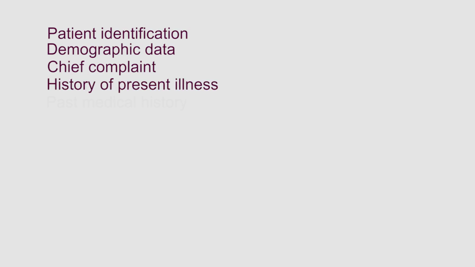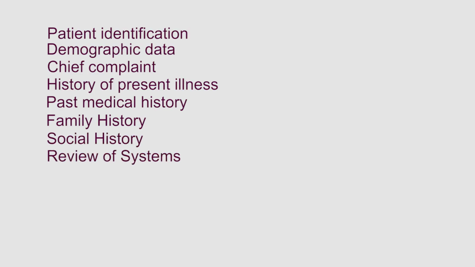History of present illness, past medical history, which includes previous treatments or drug therapies along with their prescriptions. Family history, which describes the family relationships of the patient along with relatives' medical history. Social history, review of systems.